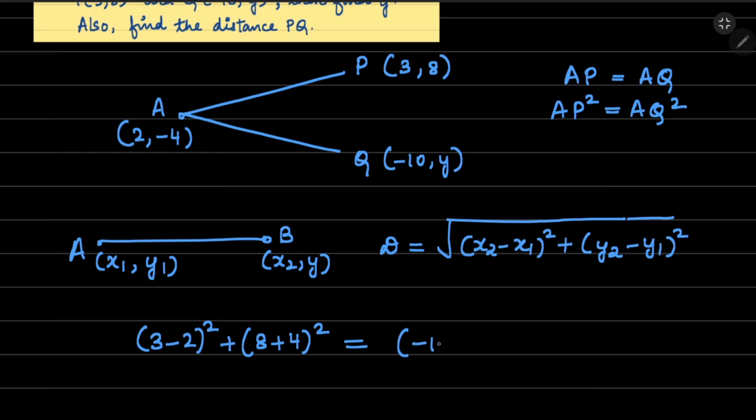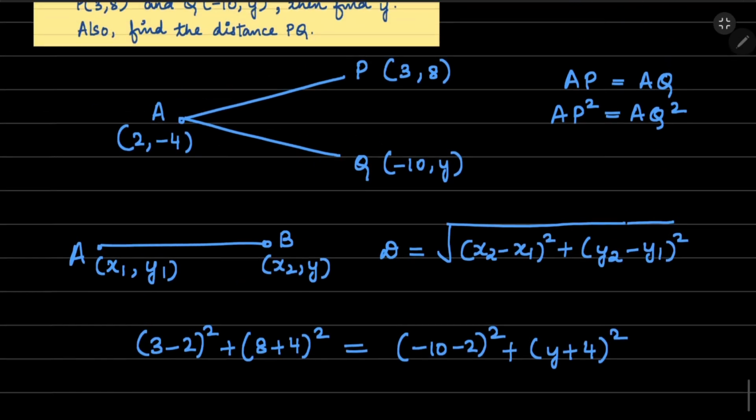So what is it? Minus 10 minus 2 the whole square, again x2 minus x1 the whole square, plus y2 minus y1 the whole square, y minus of minus 4, which is y plus 4 the whole square. I hope you understood.